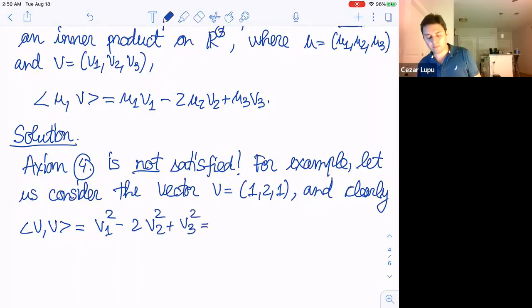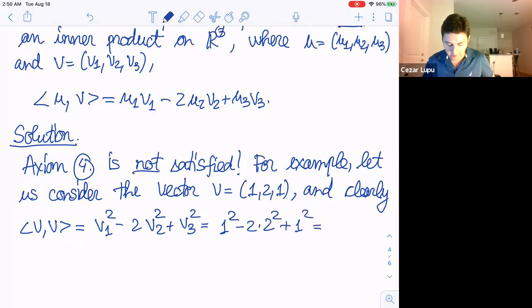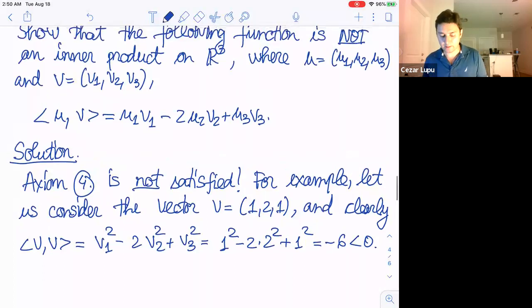Now we're going to replace them, so it will be 1 squared minus 2 times 2 squared plus 1 squared. This guy, guess what? It will give us -6. And as far as I'm concerned, this is not positive, it's actually negative. So that's it. This is not an inner product, right?